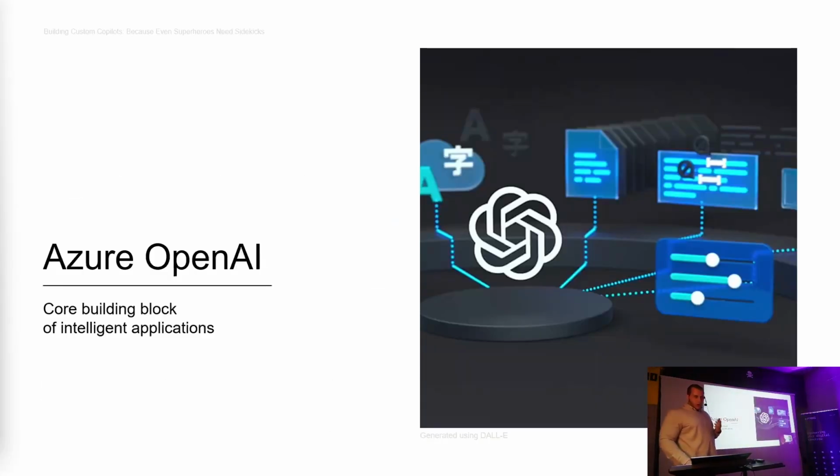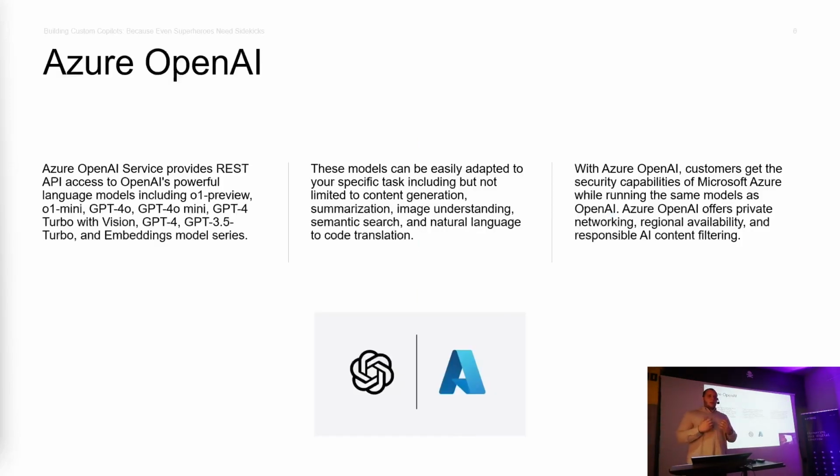So this is where Azure OpenAI can help us. Azure OpenAI provides REST API access to OpenAI's powerful large language models, including GPT-4o, GPT-4o Mini, maybe GPT-3.5 Turbo, and many embedding models as well. What's great about these models is that they can be easily adapted to tasks that you need, like content generation, maybe image understanding, natural language to code translations, and many more.